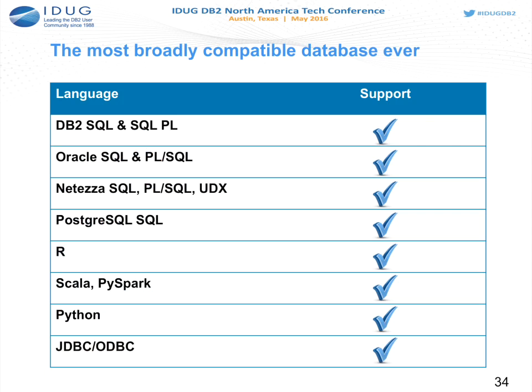Now, the language compatibility is incredibly important to us. And again, a couple of reasons for that. First of all, we know that customers like you are coming and you have DB2 data, DB2 applications. Some of you may also be Netezza customers. But customers are going to be bringing their data and their applications from everywhere. It's an inflection point.